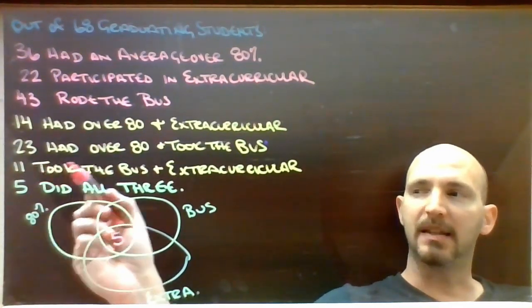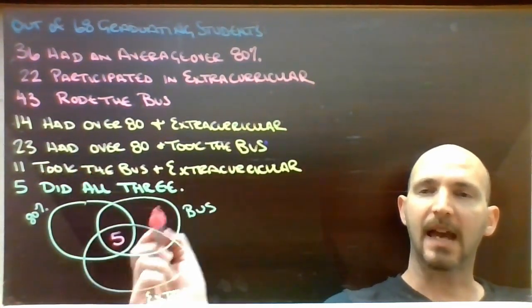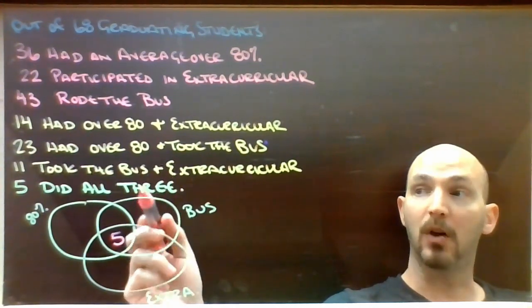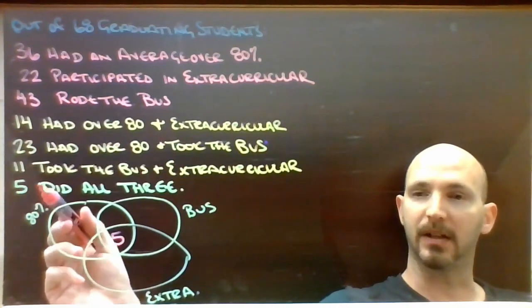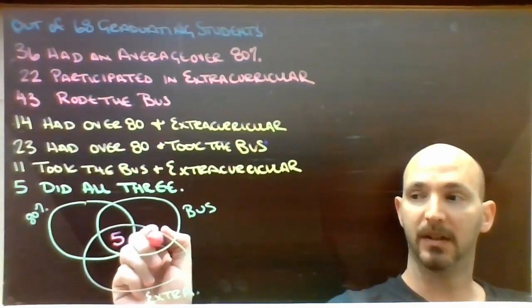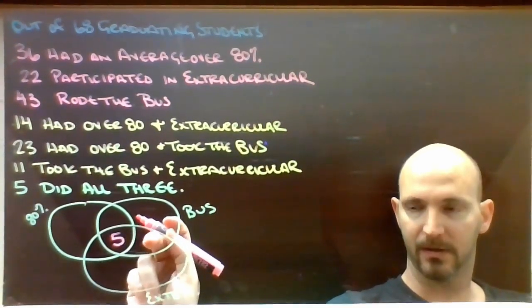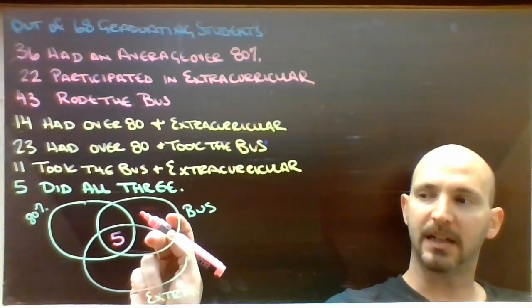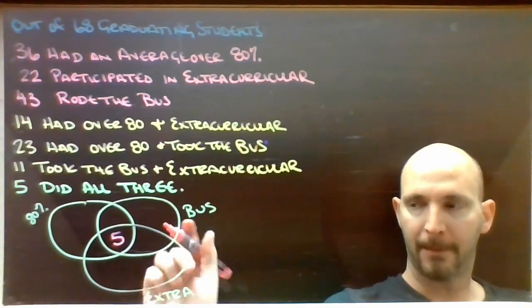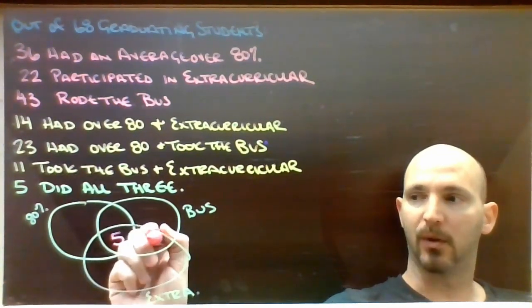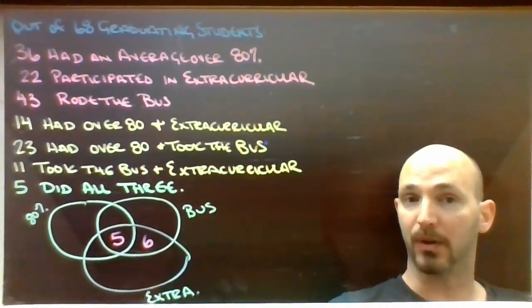So some of these kids who took the bus and did extracurricular also got over 80, but they're included in this 5 here. So I would be double counting them if I put 11 in this section. So instead of putting 11 here, I need to make sure there's 11 in the whole overlap. If I already have 5 accounted for, that means that there are 6 who are not.